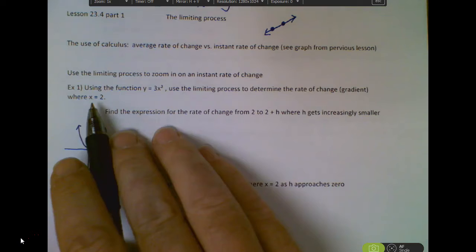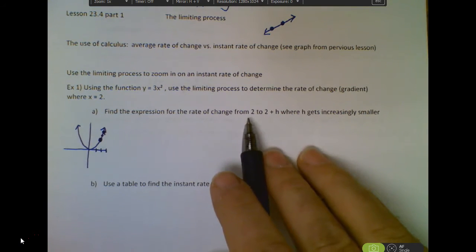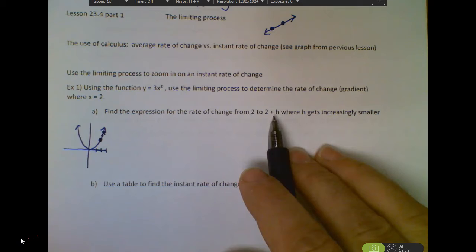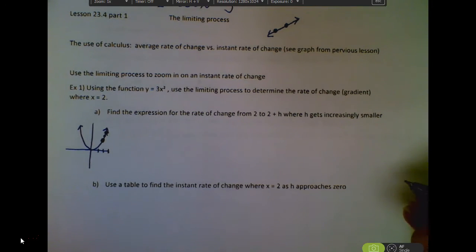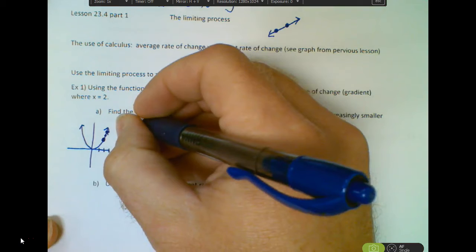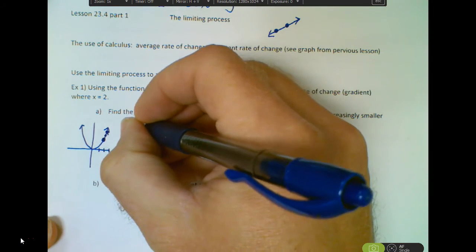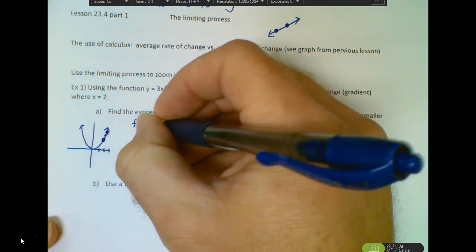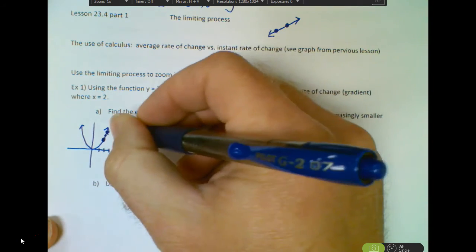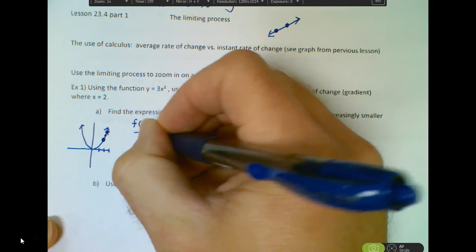Because it's 2, we're going to use 2 as my first x, and then 2 plus h as my other x in order to develop this expression. Keep in mind, our slope formula is y minus y over x minus x.